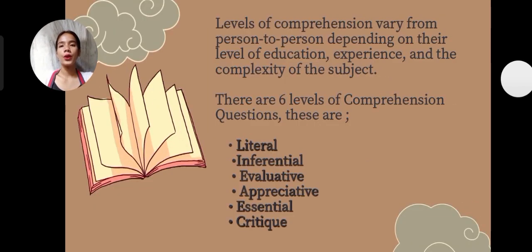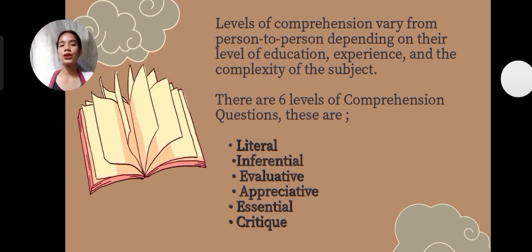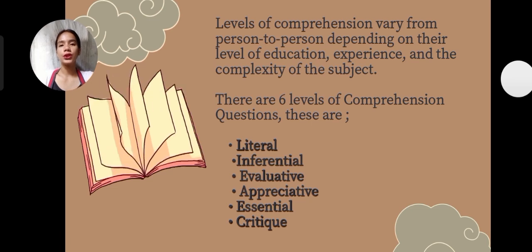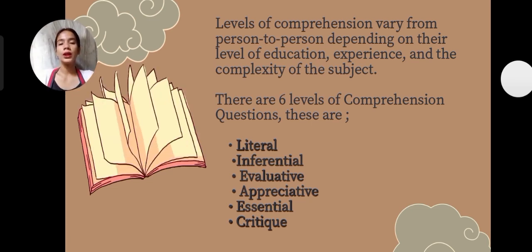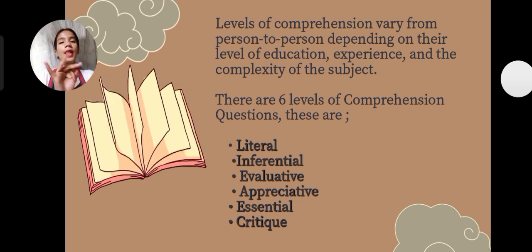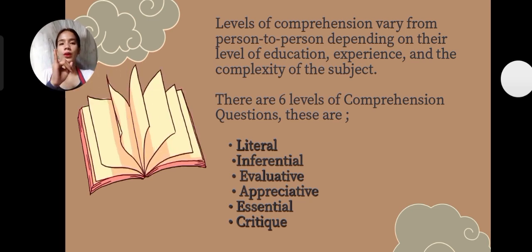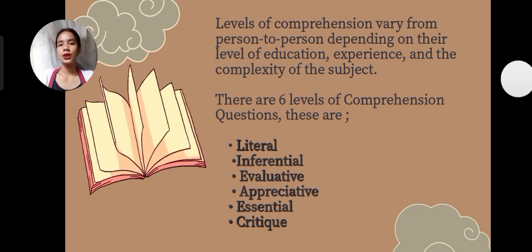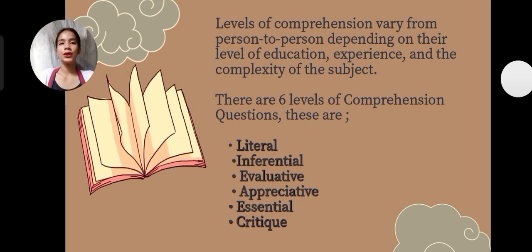So now, according to Mount Sack, there are 6 levels of comprehension questions. But when I tried to search in Google, the results only show literal, inferential, and evaluative. So levels of comprehension vary from person to person depending on their level of education, experience, and the complexity of the students.